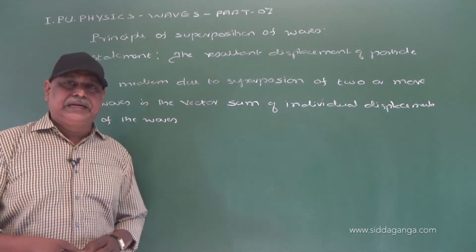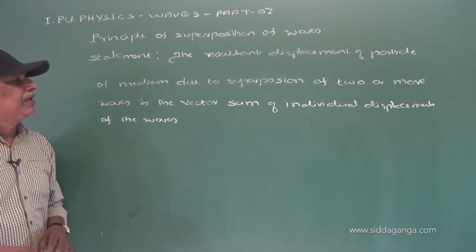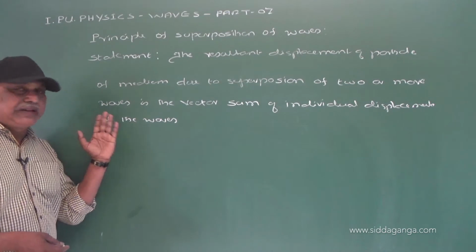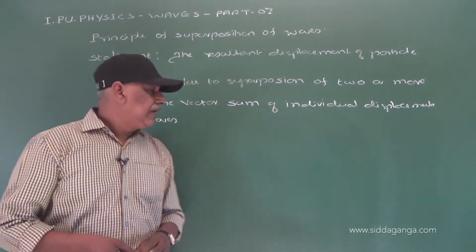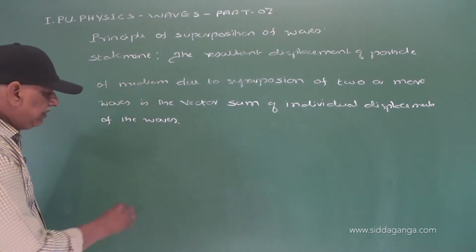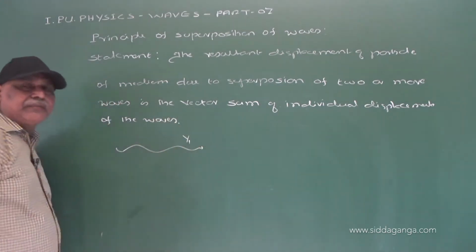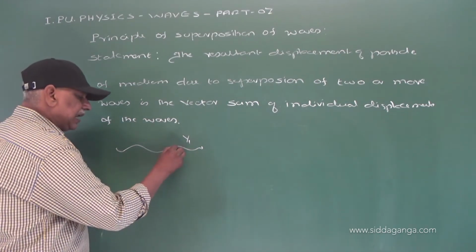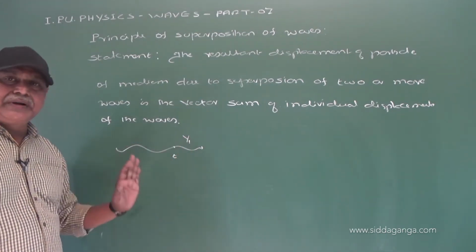it states that the resultant displacement of a particle of medium due to superposition of two or more waves traveling in the same direction is the vector sum of individual displacements of the waves. Now that means, whenever a single wave represented by y1 is propagating through a medium, any given particle has a displacement y1 at any instant of time t1.